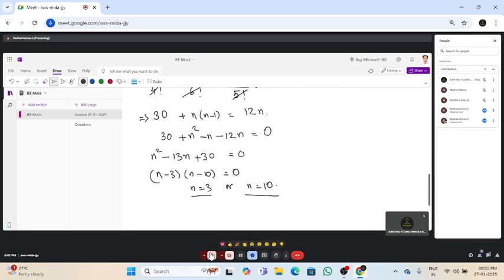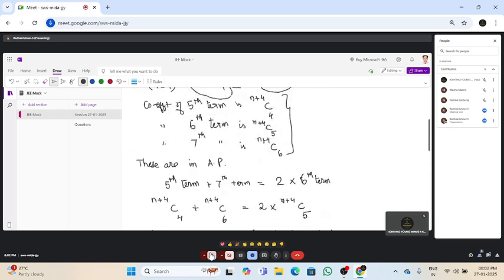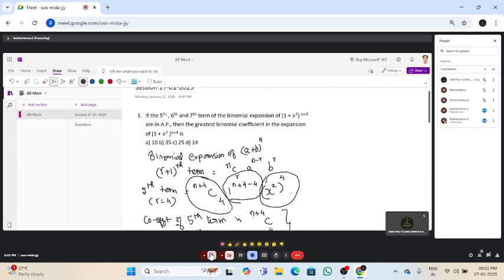Okay. So எல்லாருக்கும் புரிஞ்சுதா இது? Up to this step, how we got n equal to 3 or n equal to 10? Yes, sir. Okay. So now, what is the biggest term அப்படின்னு கேட்டிருக்காங்க?